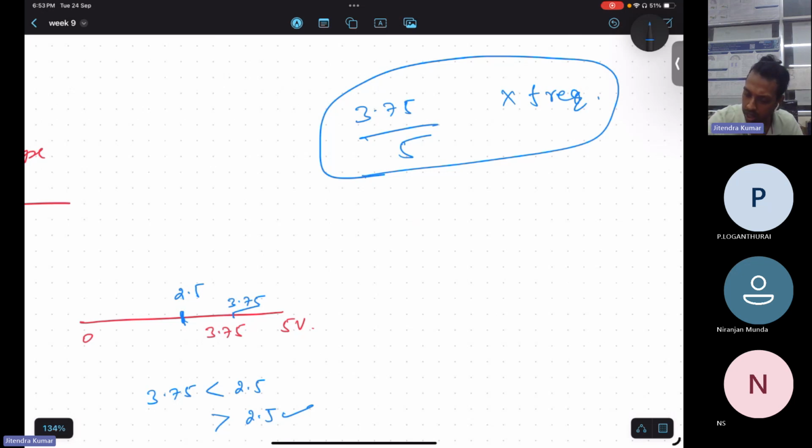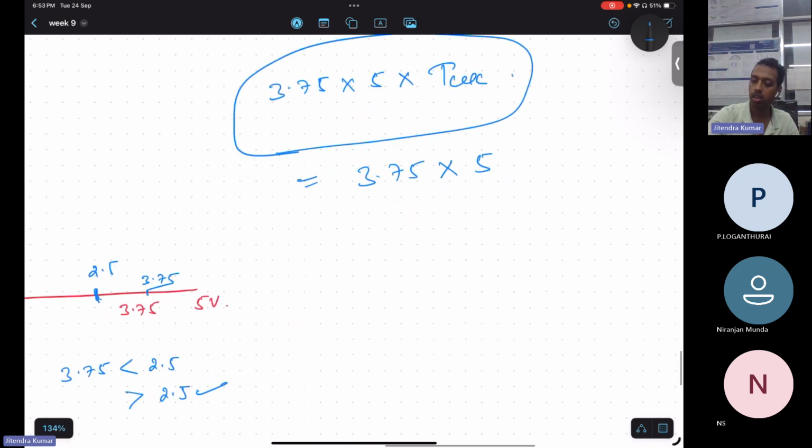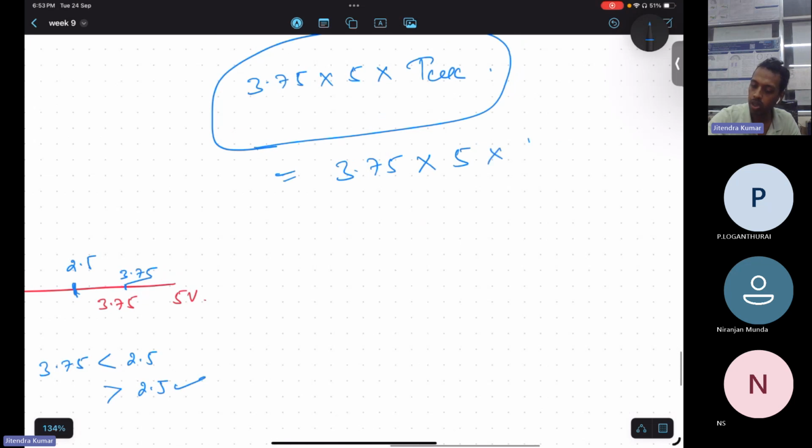I'm not sure whether it is right. 3.75 into 5 into t clock, because 5 would be the maximum value of the ramp. Remember that 5 would be the maximum value, which means 5 into 1 by f clock.